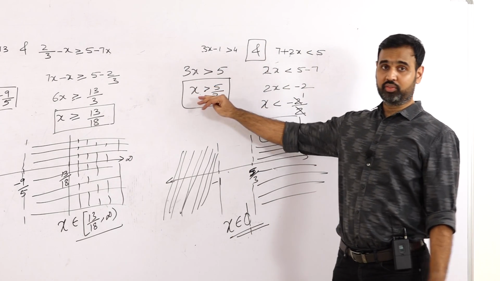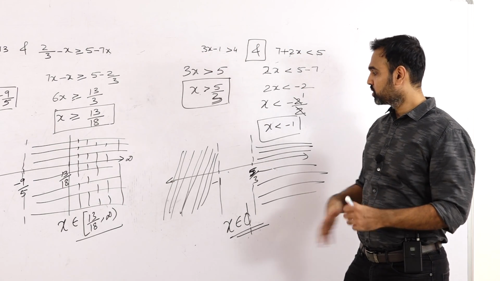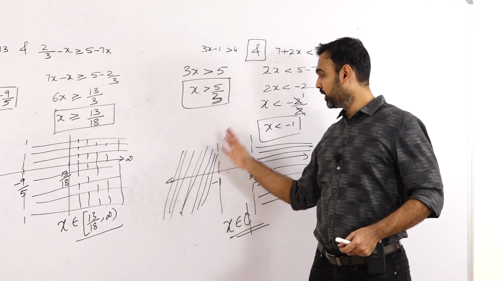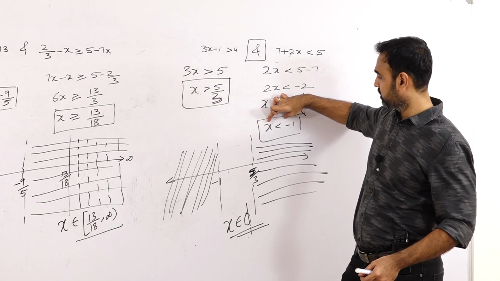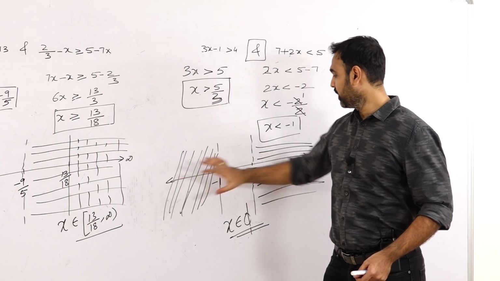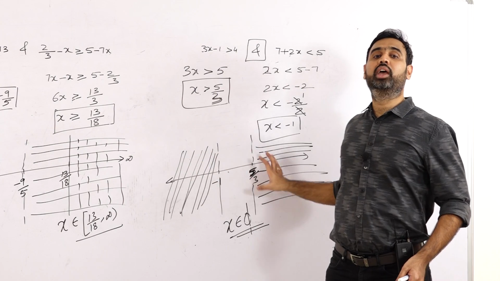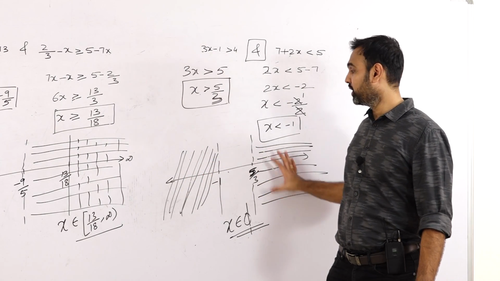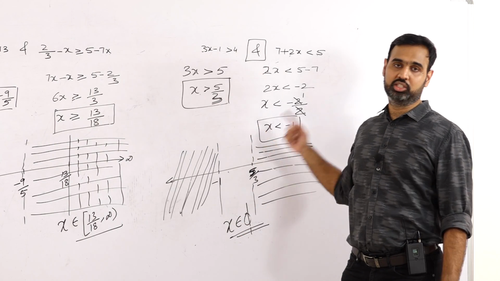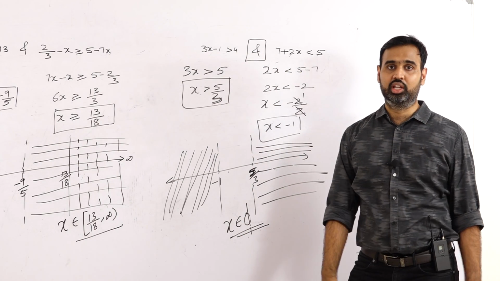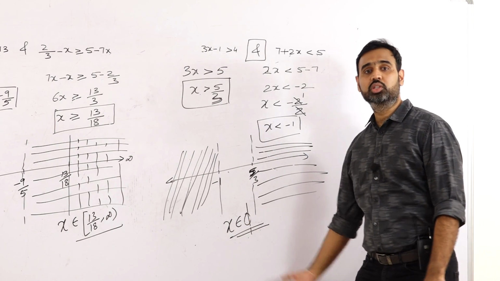If you look at the region indicated for x less than minus 1 and the region indicated for x greater than 5 by 3, they don't have any common region. So there is no value of x common to both the conditions that satisfies this inequation. Hence, we say x belongs to the null set.